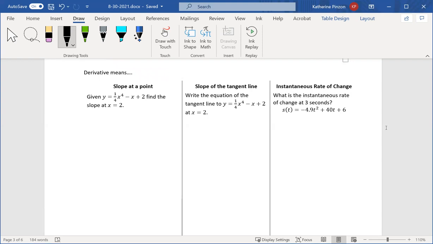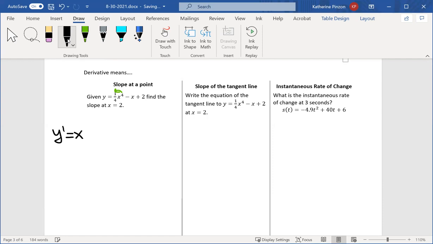If I ask you to find the slope of this equation, y equals 1/4 x to the 4th minus x plus 2, at x equals 2, what are you going to do? Take the derivative and plug in 2. And now it's going to be super easy to take the derivative. Bring the power in front. 1/4 times 4 makes 1.